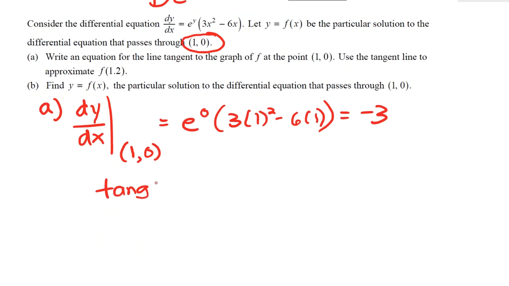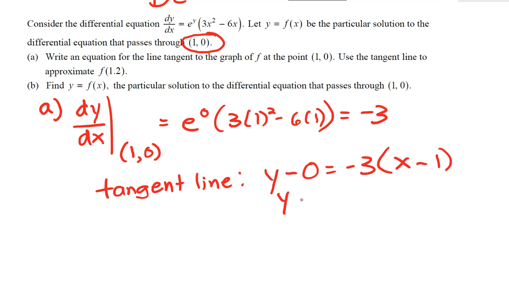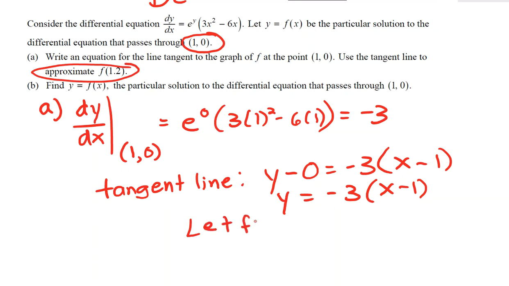So our tangent line will have the equation y minus 0, which of course you don't need to write, equals negative 3 times x minus 1. So you could write that either way. And then we want to use that to approximate f of 1.2. So the tangent line is going to be close to the solution curve.